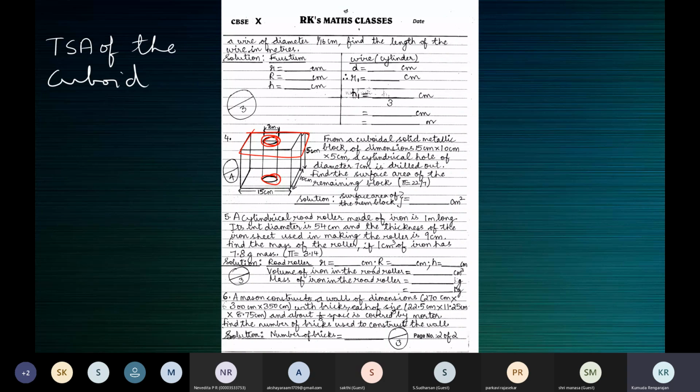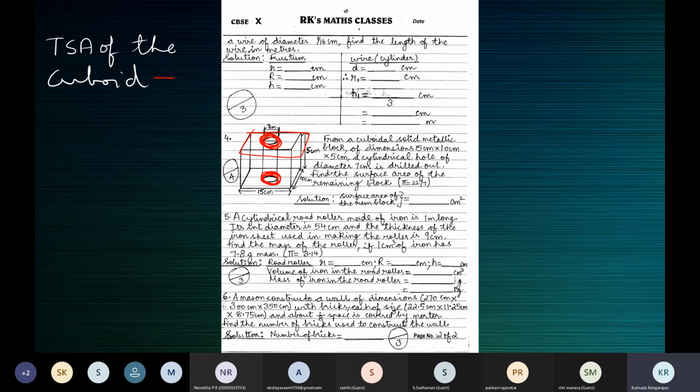So when a cylinder is removed, the circular portion is open. Similarly, on the base, the circular portion is open. There's no material here. So TSA of the cuboid minus the two circles. Why are we subtracting from the TSA of the cuboid? Because these two circles are reducing the total surface area of the cuboid.